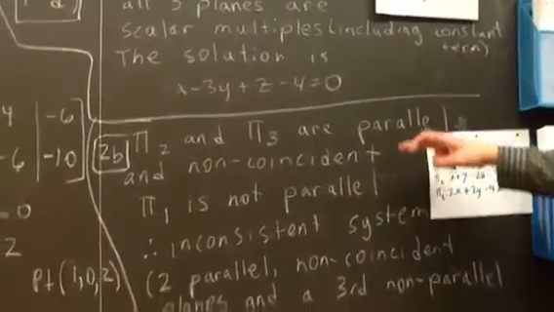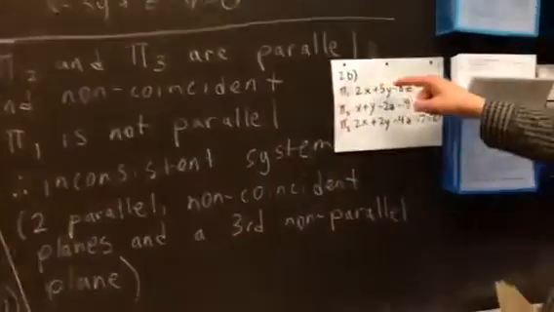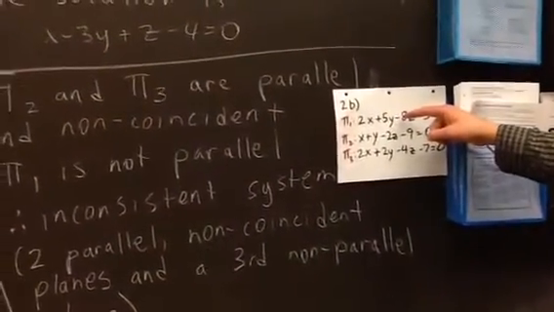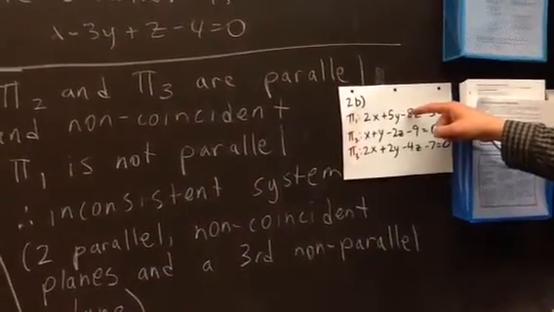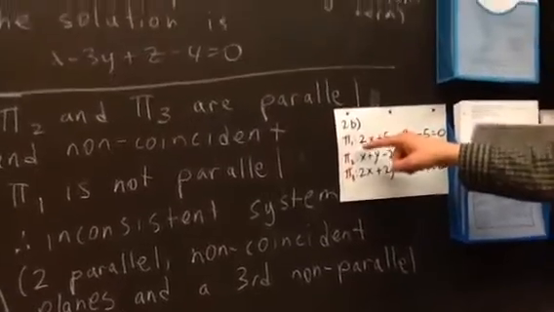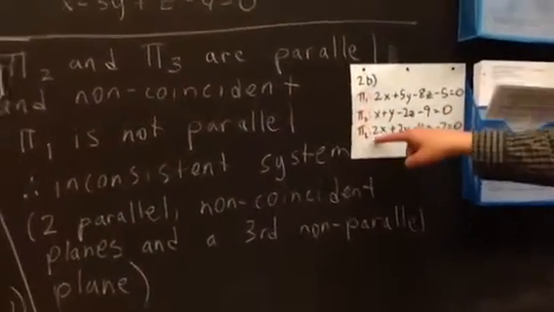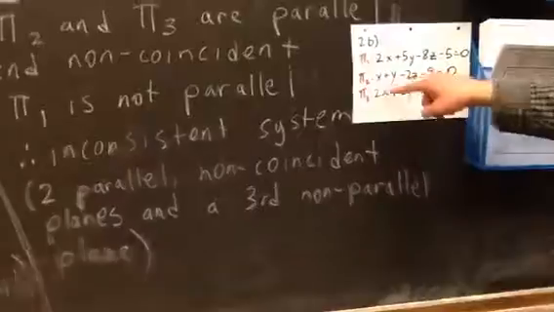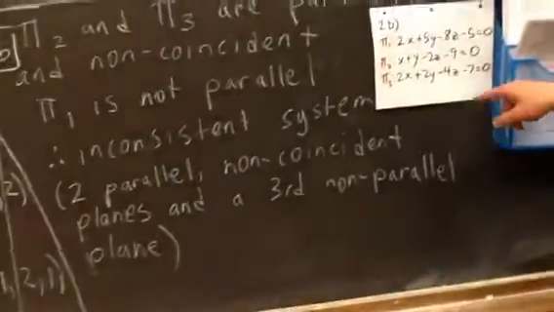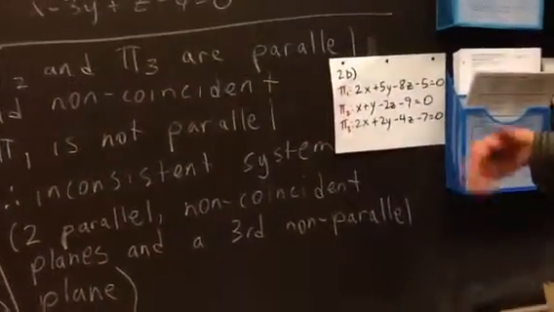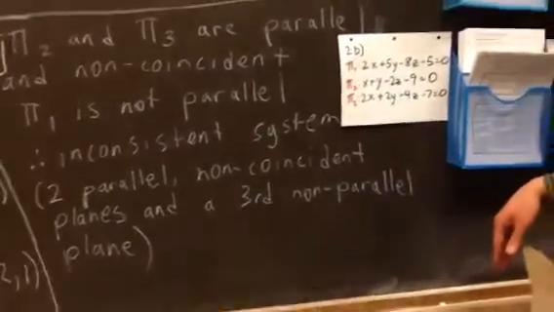The next one that we'll look at is when we've got 2 parallel and non-coincident planes. So in this situation, we've got plane 2 and plane 3. The normals are scalar multiples, meaning they're parallel. The d value does not maintain that same multiple.